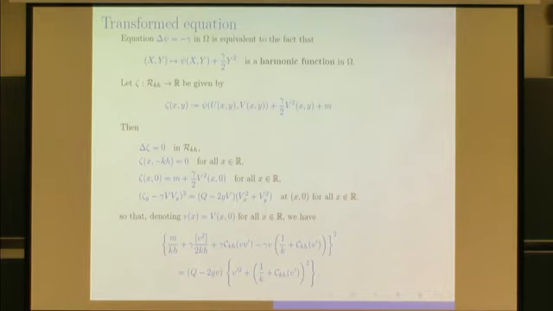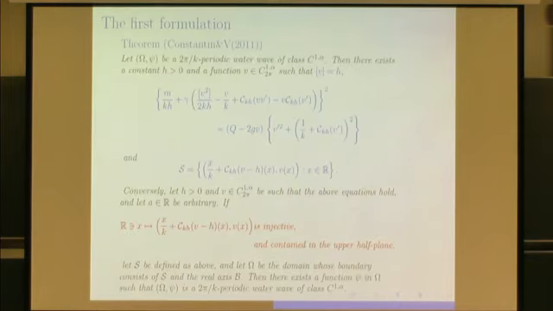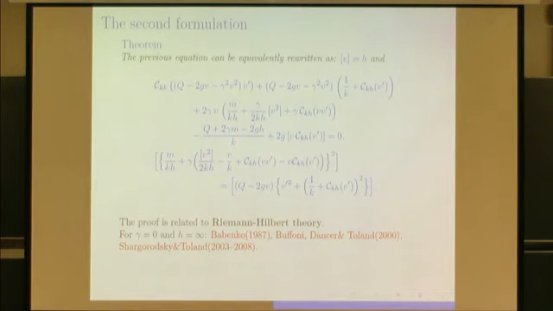So now I start from this and reformulate it in an equivalent way using something called Riemann-Hilbert theory, which is a bit technical, and I won't have time to get into details. But I'll just give a brief idea.